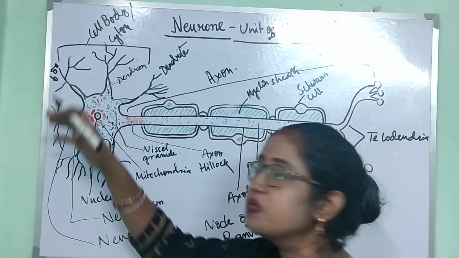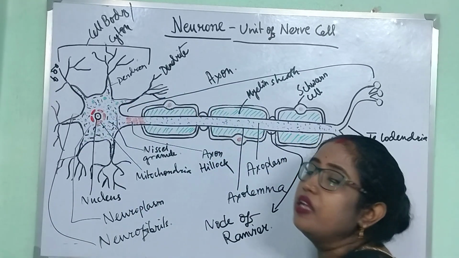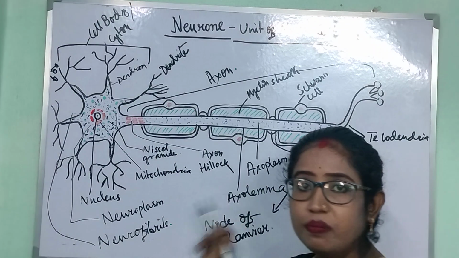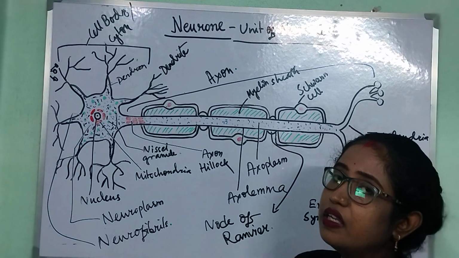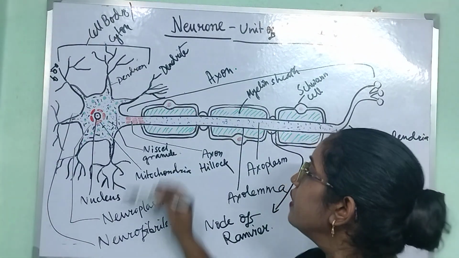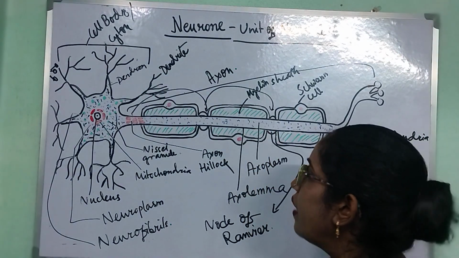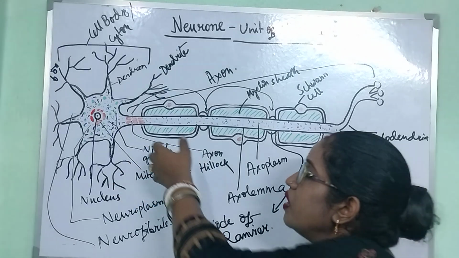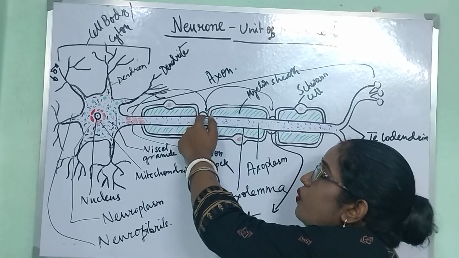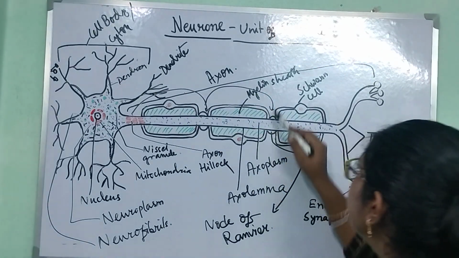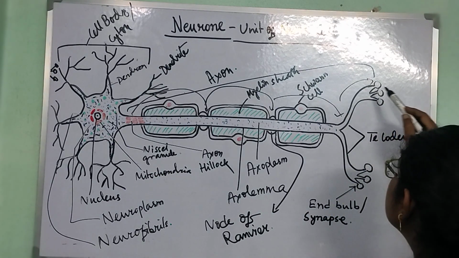Then the dendron transmits this electrical impulse into the cell body, and the cell body further transmits it into the axon. If the axon is non-myelinated, the electrical impulse has to travel the whole path. But if the axon is myelinated, the electrical impulse jumps to the node of Ranvier, because this portion is insulated, so the impulse can't move through this section. So the impulse jumps from one node of Ranvier to another, reaches the end part, and from there reaches the end bulb.